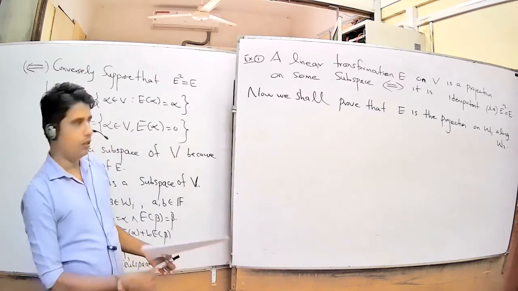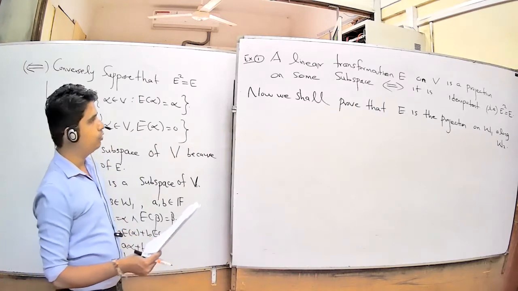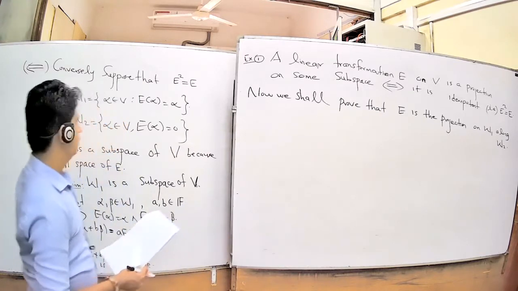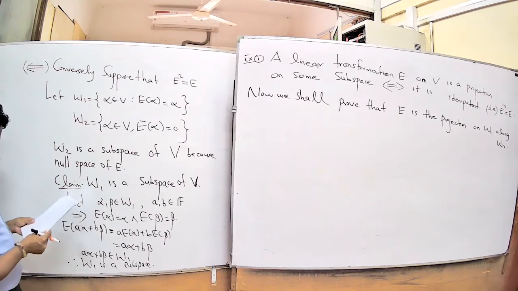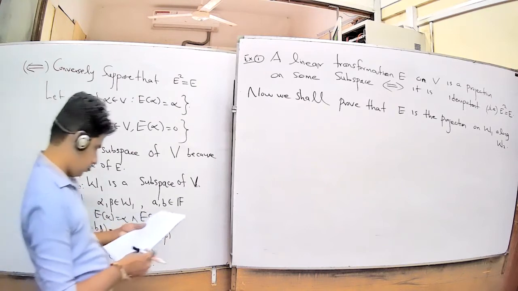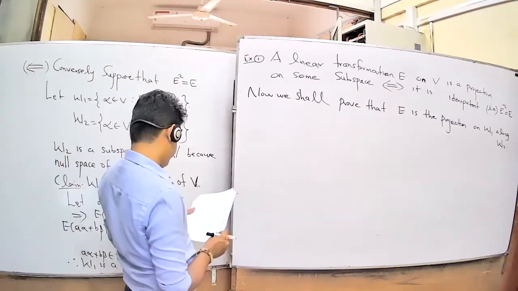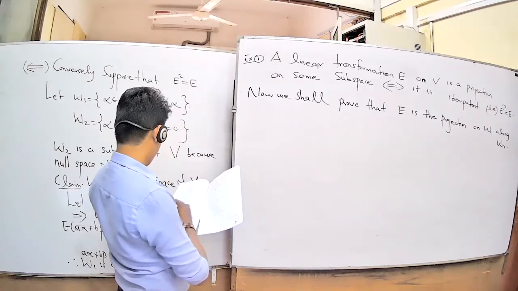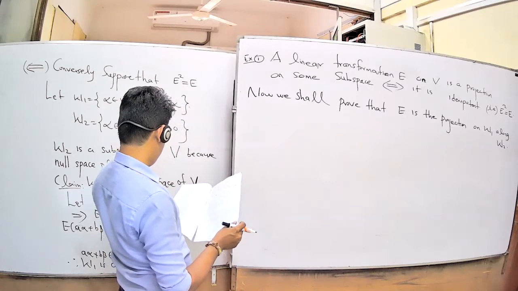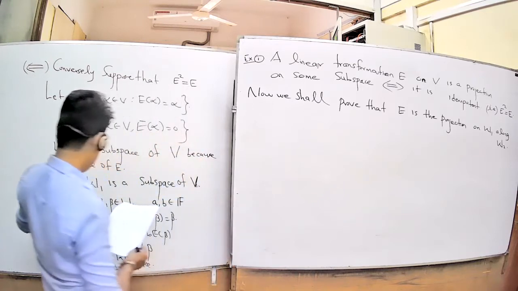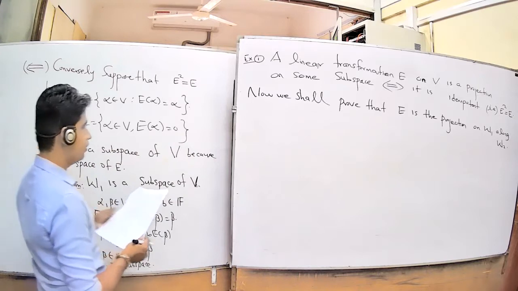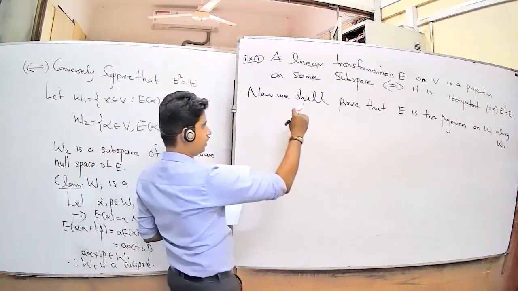You already know the definition of the projection mapping. You want to show that E alpha equals alpha 1. This is your claim now.